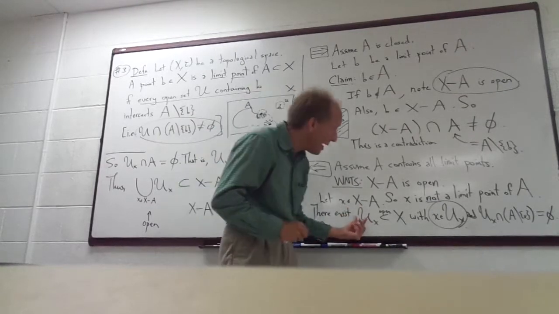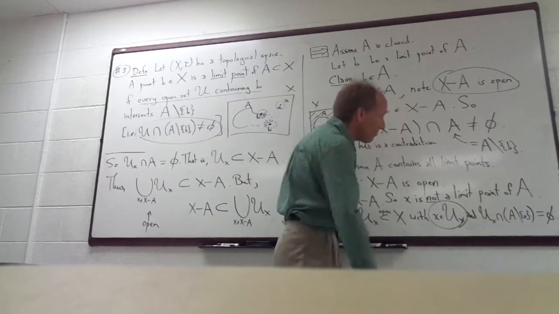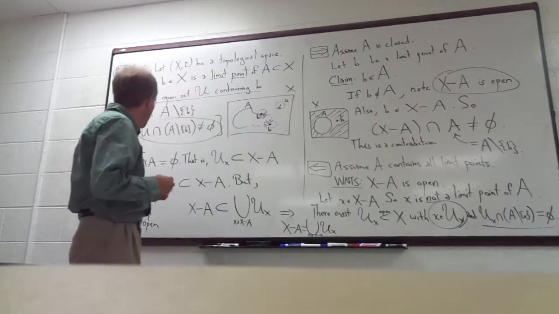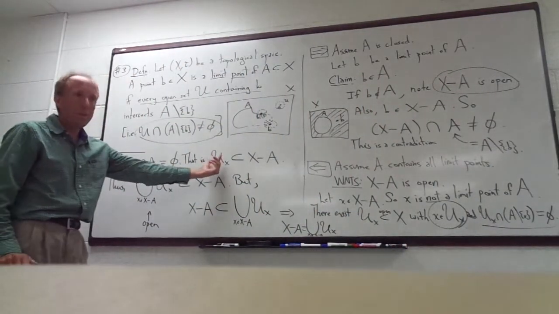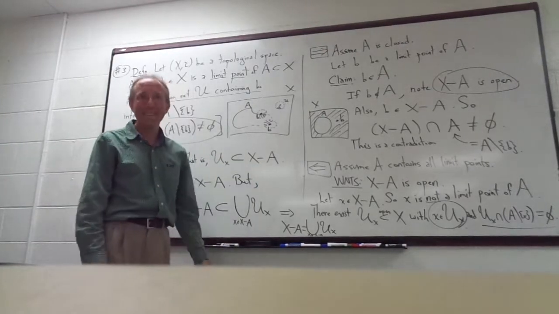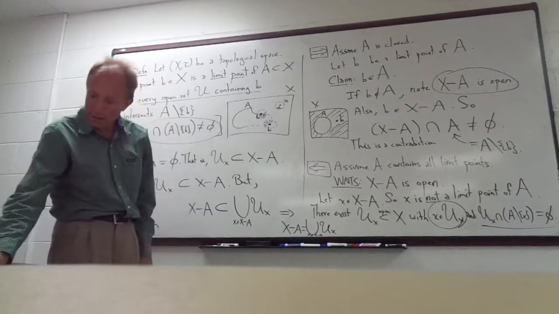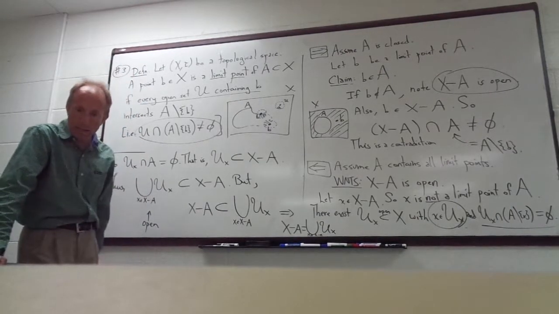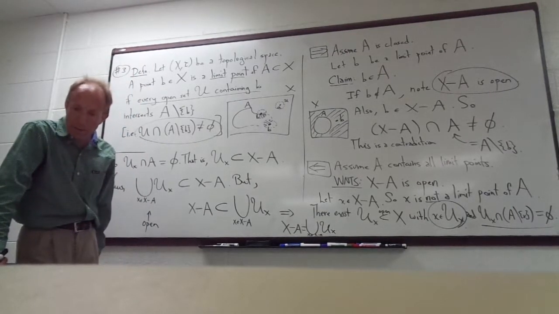That open set has x in it, and then this condition is what allows you to show that the open set is contained in the complement of the set. So this is a little trickier than the previous example, but I think it's still kind of a nice problem.